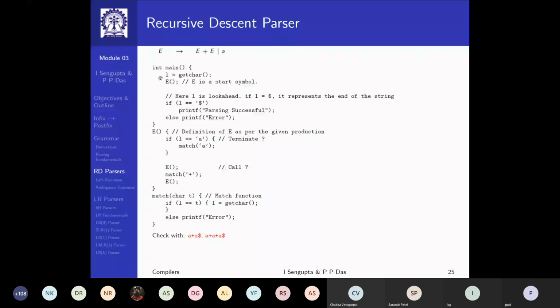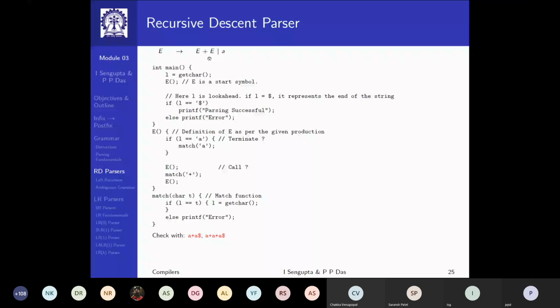So I do again, I mean, the main does not change; it's the same. So I call E. Now I come and I call E here. Again, what do I have to check for? I mean, what is the first of E? First of E is A. So I check if it is A. If it is A, I match.